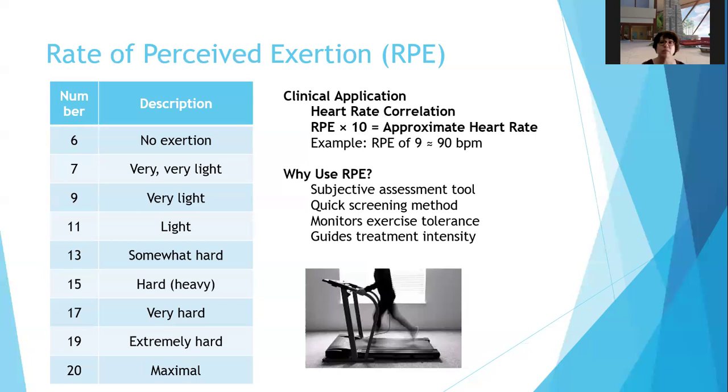So it's a quick screening method, monitors exercise tolerance and guides treatment intensity. And for some cardiac medications, they artificially lower the heart rate. So you have to use RPE because you can't use pulse rate as a reliable method to assess exertion.